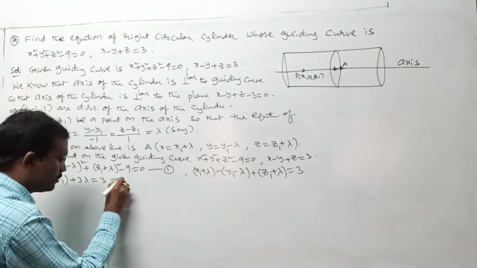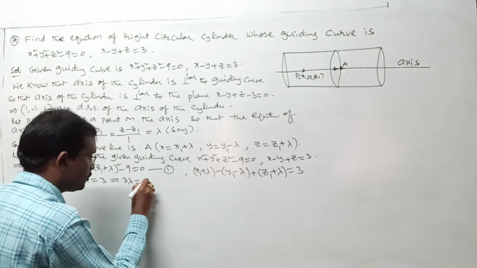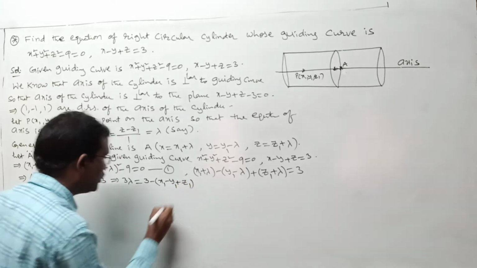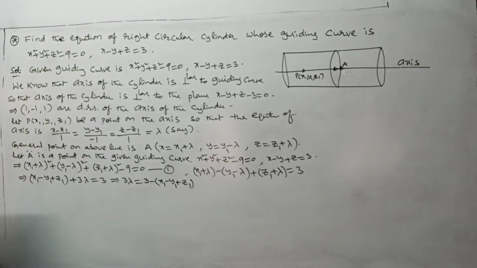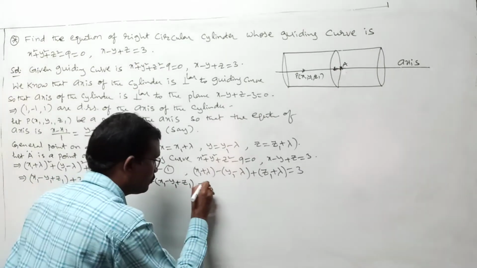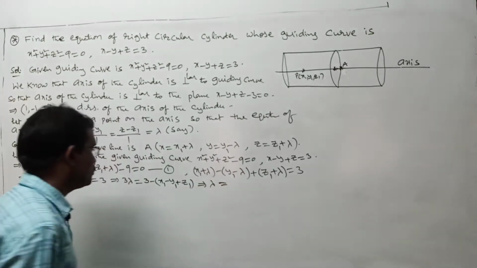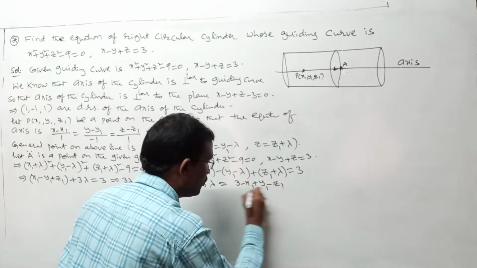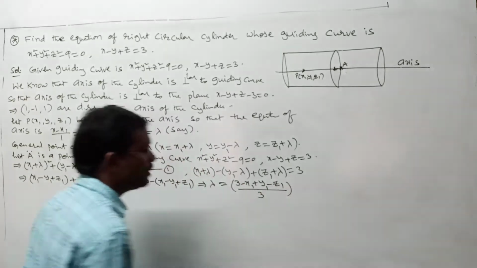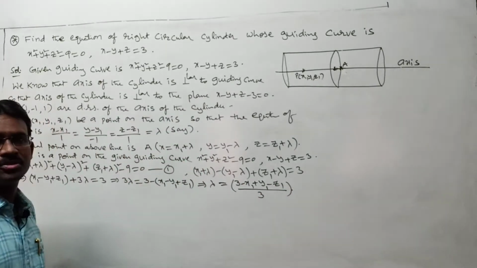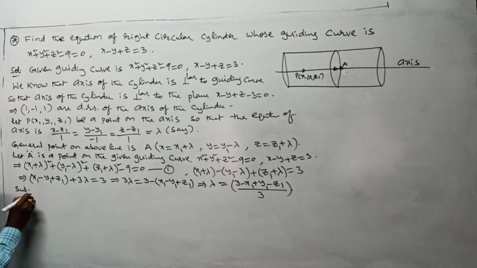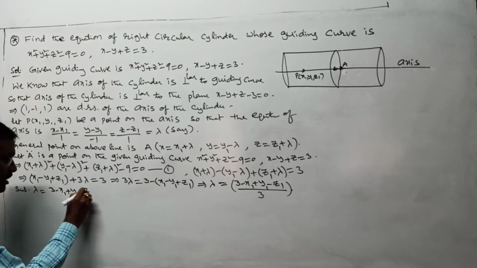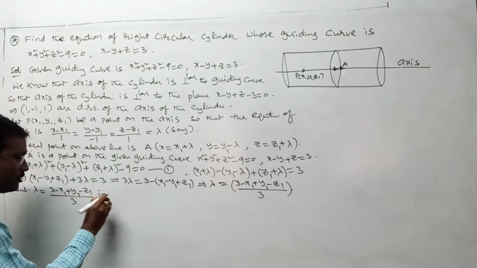This implies 3 lambda is equal to 3 minus of x1 minus y1 plus z1. Now divide by 3, you get lambda. This implies lambda is equal to 3 minus x1 plus y1 minus z1 whole by 3. Substitute this lambda in equation 1.